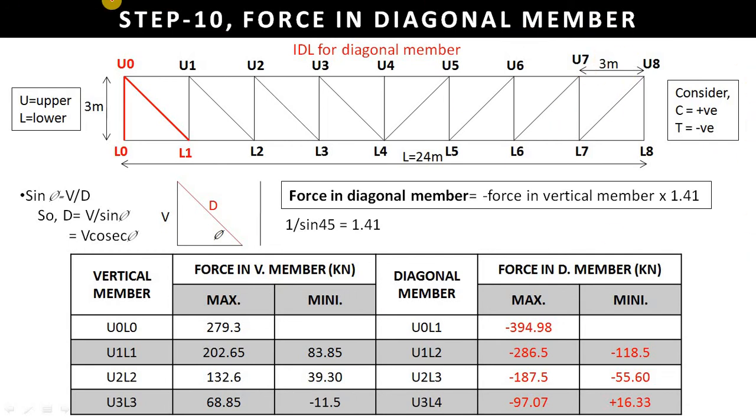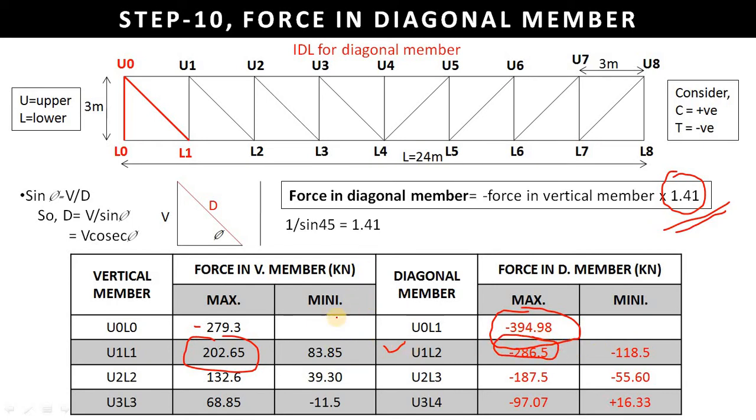For this value, negative 394.98, what we do is take the negative of the vertical force into 1.41, so we'll get the value as negative 394.98. Similarly, coming on to the diagonal member U1 L2, the maximum force will be the maximum force in the vertical member into 1.41, so we'll obtain negative 286.5.